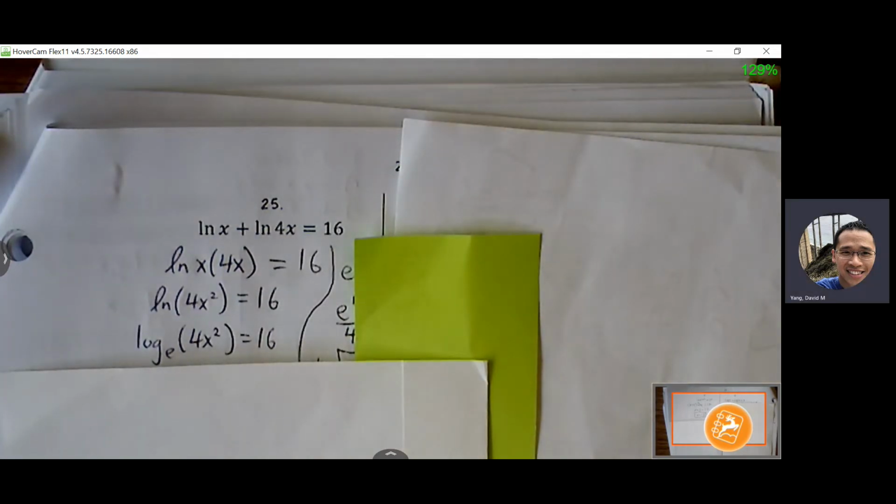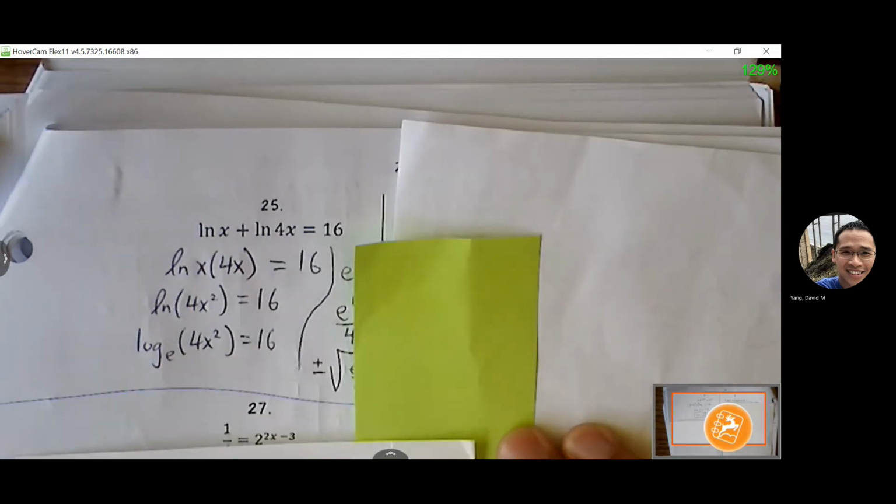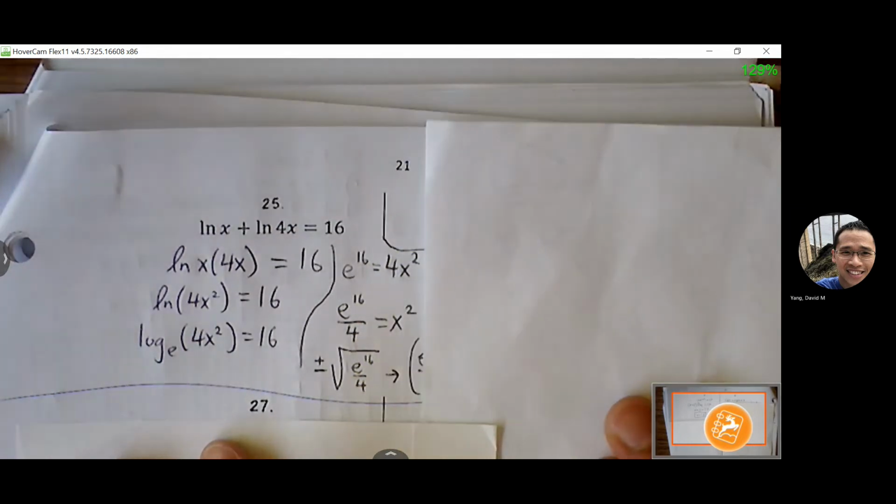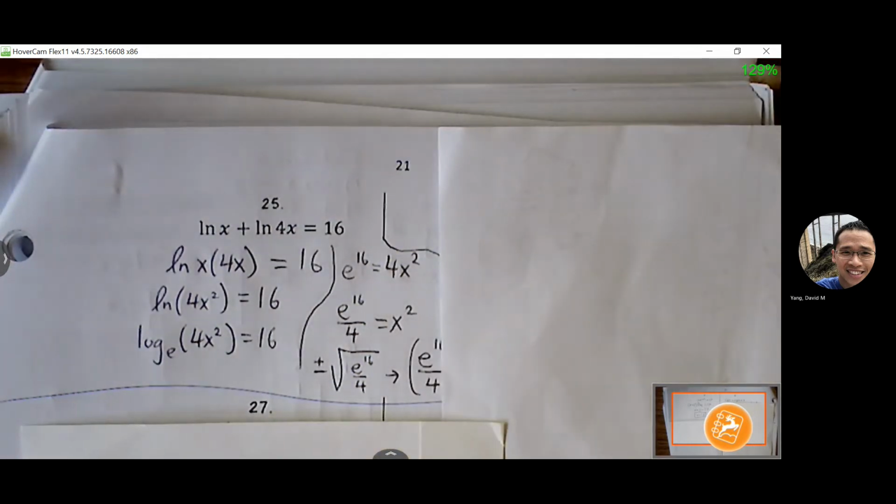Exponential form. Divide by 4, take the square root.